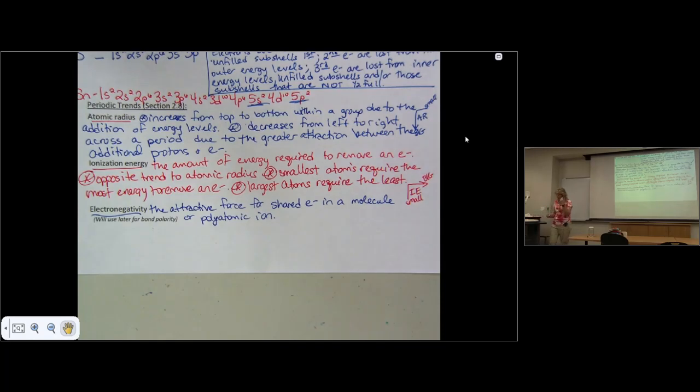It is the attractive force for shared electrons in a molecule or polyatomic ion.